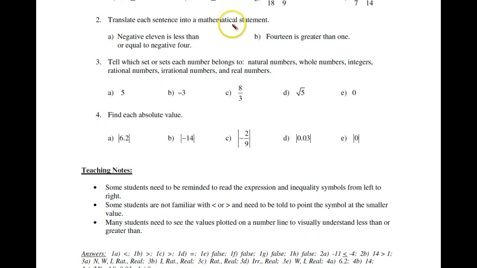Okay, let's read it closely. Negative 11 is less than or equal to negative 4. Okay, that's pretty straightforward. 14 is, and "is" translates into an equal sign.